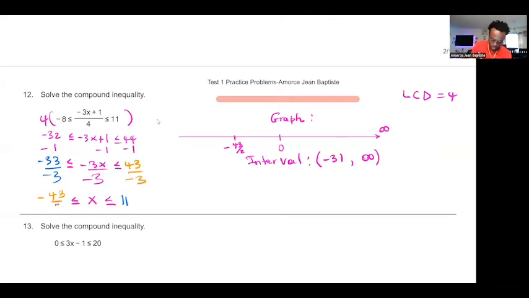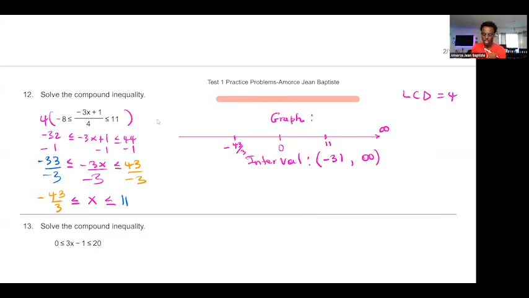That should be over 3. That should be over 3. And that also is over 3. Okay. And then 11 will be on the right, positive.